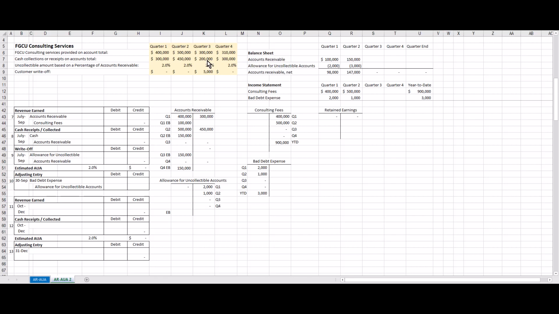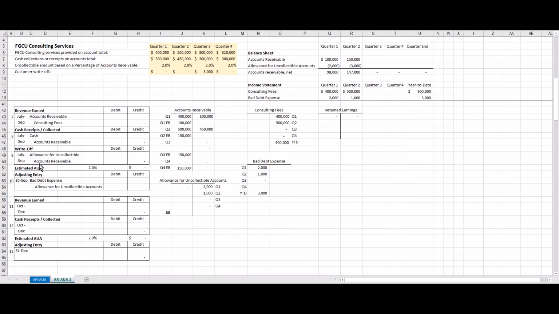Because of the downturn, several customers are unable to make any payment. We determined that we need to write off $5,000 of customer accounts due to company closings. Once you determine that a particular customer's account is uncollectible, the next step is to remove the balance from both the allowance for uncollectible accounts and the customer accounts receivable balance.